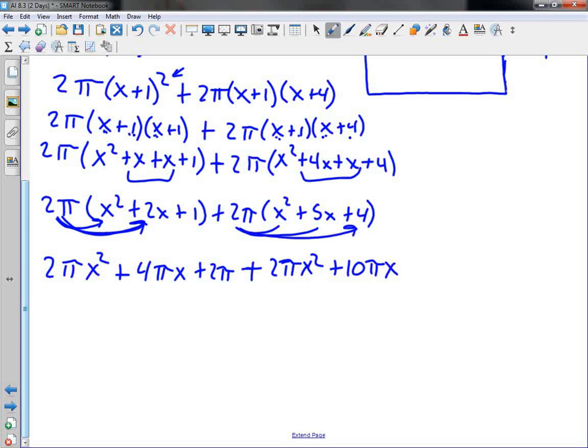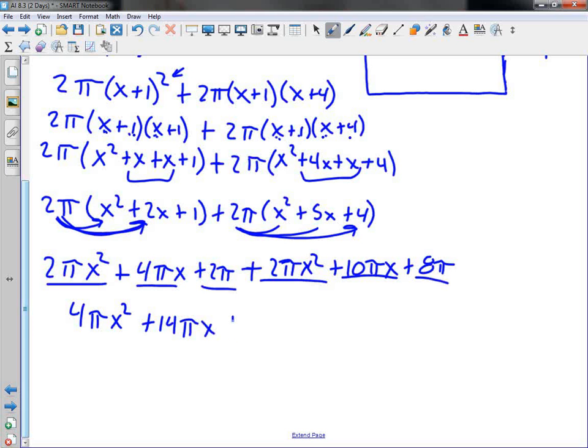And 2 pi times 4 is 8 pi. Whew. Done pretty good. Now we can combine our like terms. 2 pi x squared and 2 pi x squared makes 4 pi x squared. 4 pi x and 10 pi x is 14 pi x, and 2 pi plus 8 pi is 10 pi.